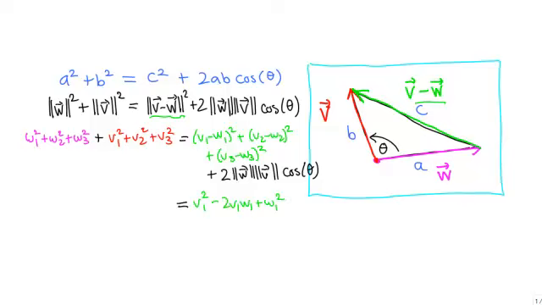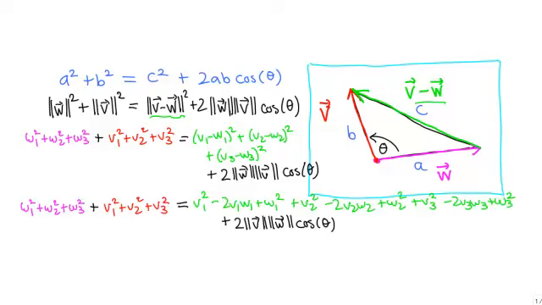If we expand v2 minus w2, that's going to be v2 squared minus 2v2w2 plus w2 squared. And if we expand out v3 minus w3, we're going to get v3 squared minus 2v3w3 plus w3 squared. And then we have the rest of the equation.